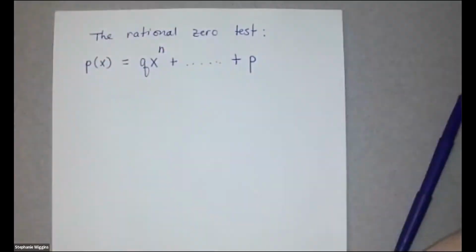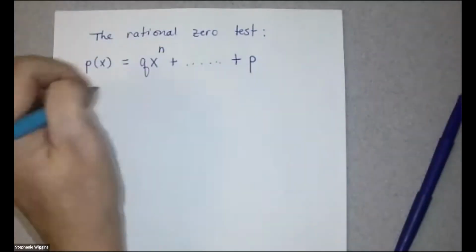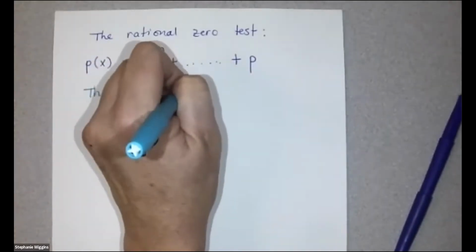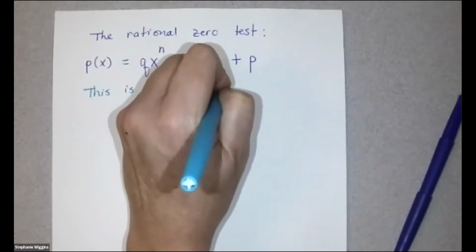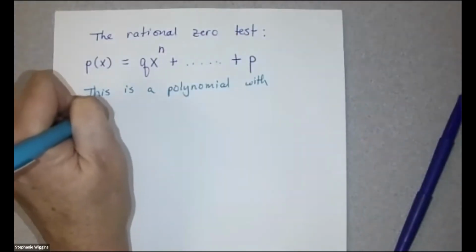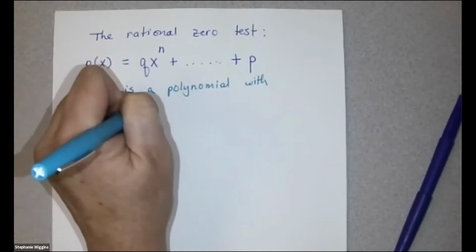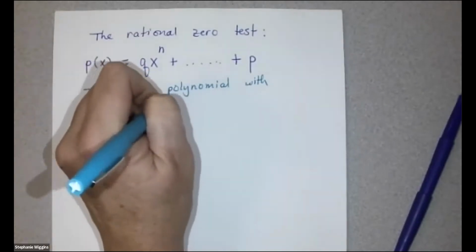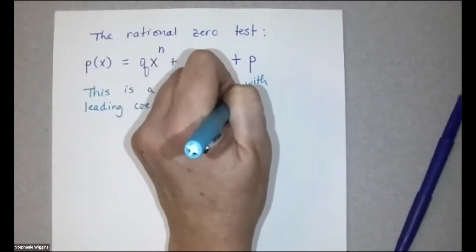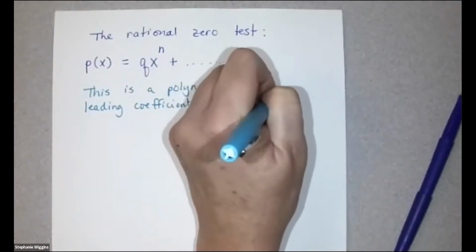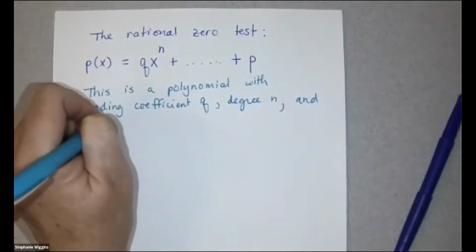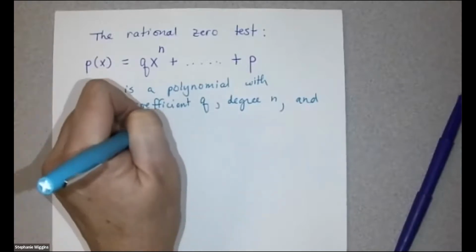So this is a polynomial with leading coefficient q and degree n and constant term p.